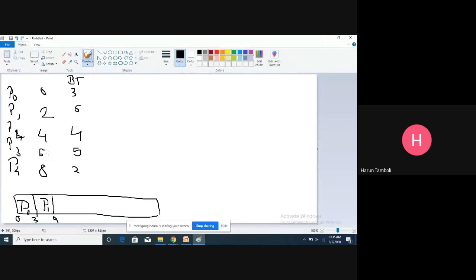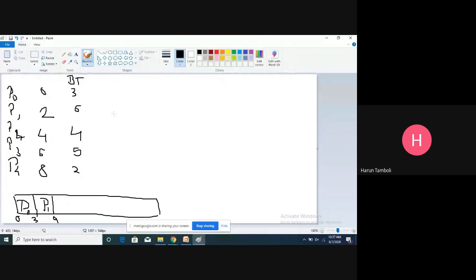Now after 9 seconds, P2, P3 as well as P4, all 3 processes are available. After completion of P1, that is at time 9, all 3 processes are available for comparison. So among 3 processes, we need to choose the process for the execution.